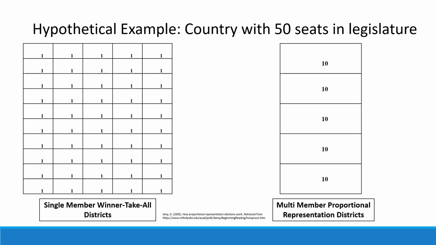If they chose a single member winner-take-all system, they would have 50 districts, and each one would elect one representative. That's the system we have in the US. If that same country decided to have a multi-member proportional representation system, they might divide up into 5 districts, each of which had 10 members elected from that district.